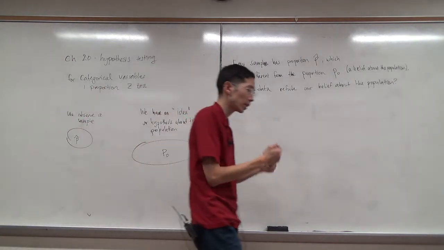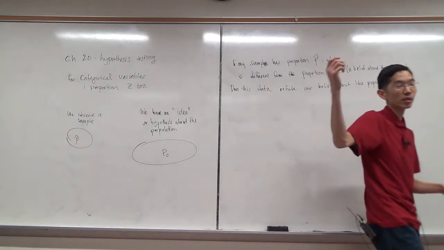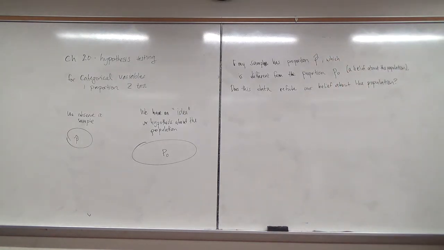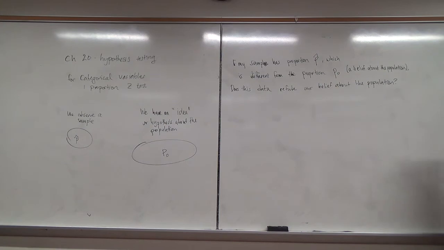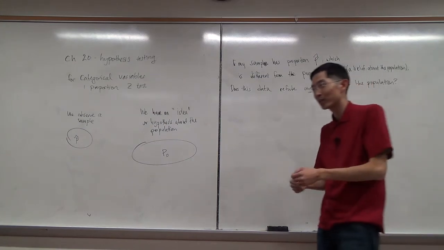Someone says they have a fair coin. Fair coin means we're expecting it to land heads 50% of the time. But let's say we flip the coin 1,000 times and it lands heads 800 times. So our p hat is 800 out of 1,000, versus the 50% heads we're expecting.